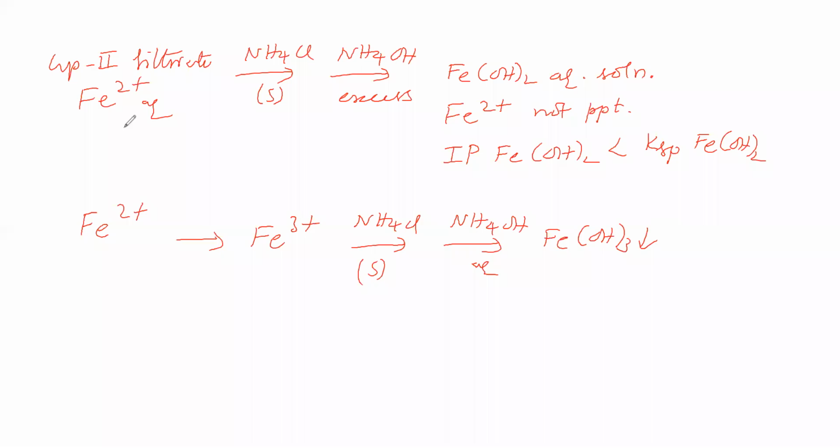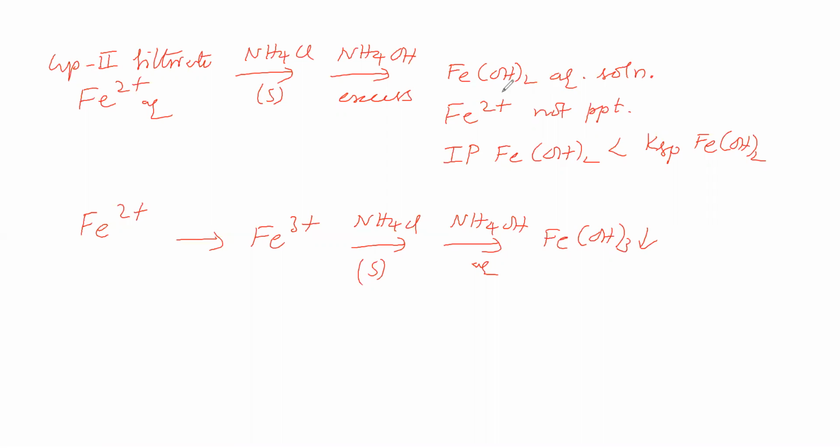So at this point you see that in the group 2 filtrate ferrous is there. Directly you are adding group 3 reagent, ammonium chloride plus excess ammonium hydroxide. Now ferrous takes hydroxide and becomes ferrous hydroxide. Ferrous hydroxide is not a precipitate here.